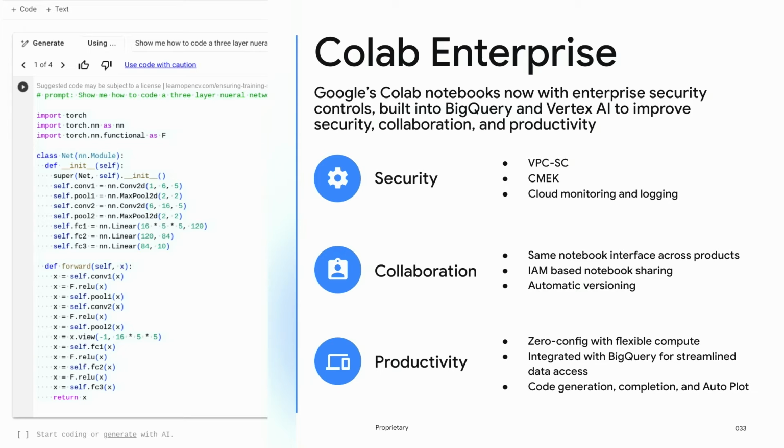In terms of productivity and scalability, Colab Enterprise supports pretty much all the various compute types that are available within GCP. It's got integrated and streamlined data access to BigQuery, and we will be also supporting, or currently do support, code generation and code completion powered by Gemini.